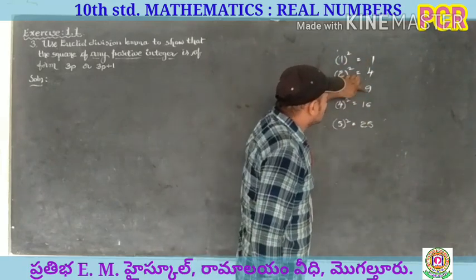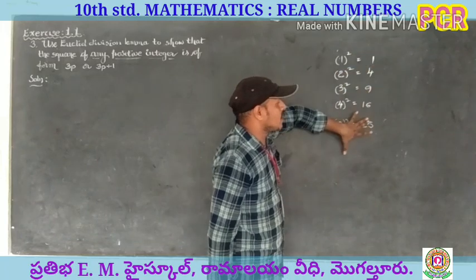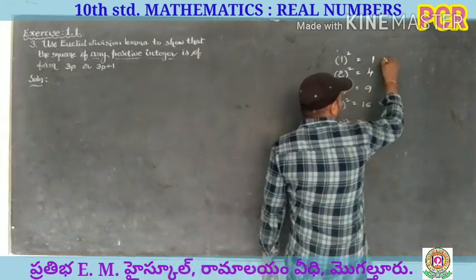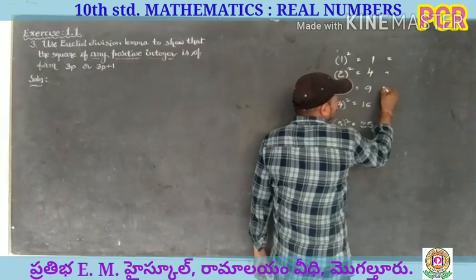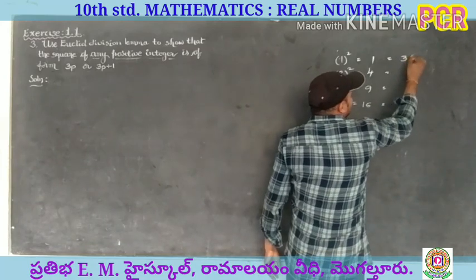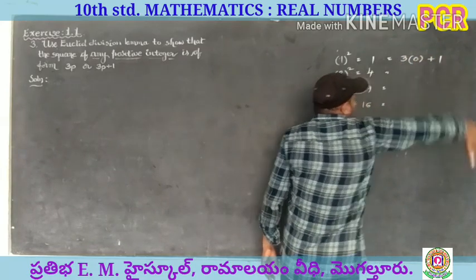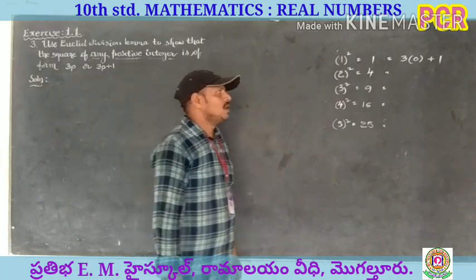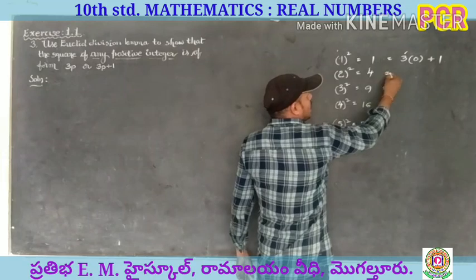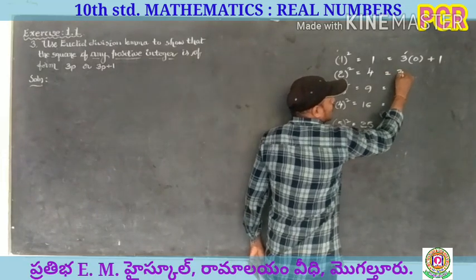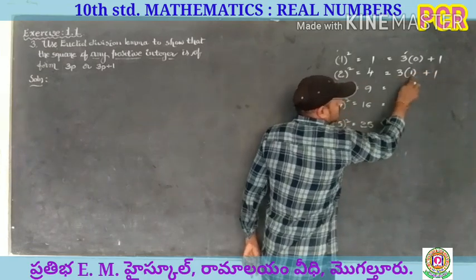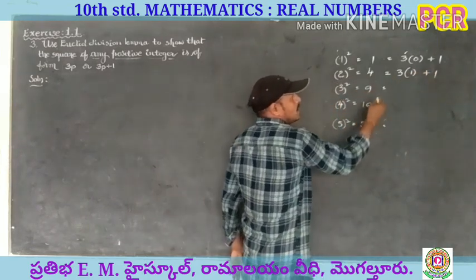If we divide these squares of positive integers by 3, how can we write them? We can write 1 as 3 into 0 plus 1, if 3 is taken as divisor. Here 4, we can write as 3 ones are 3 plus 1, equal to 4.